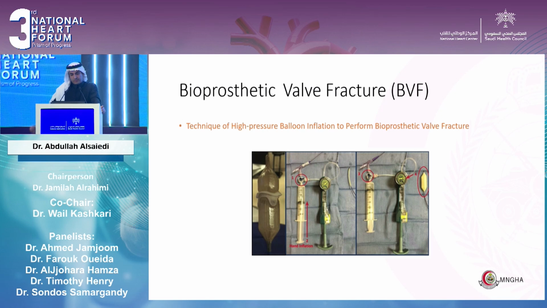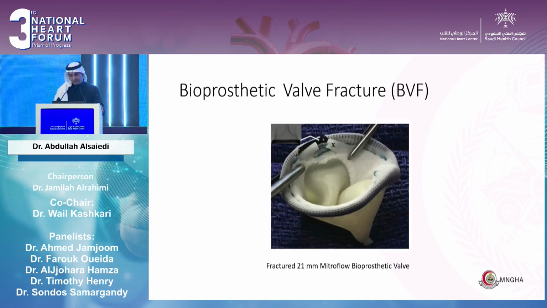Now, to do that, the recommendation for inflating the balloon is that the valvuloplasty balloon is connected to a three-way stopcock with another syringe, usually 60 cc. Then, after you finish the inflation through the valvuloplasty balloon, inject the extra air until you have the fracture or the balloon ruptures in these scenarios.